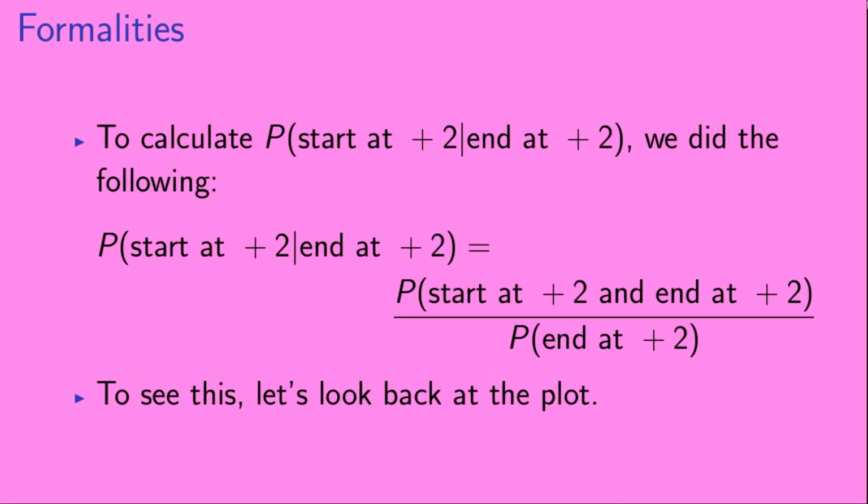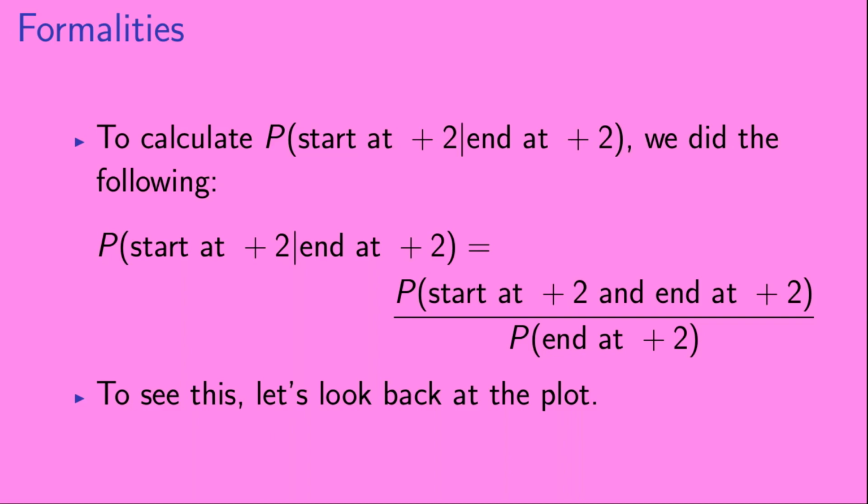To calculate it, we said the probability that it started at plus 2, given that it ended at plus 2, was equal to the probability that it would start at plus 2 and end at plus 2, divided by the probability that it would end at plus 2.